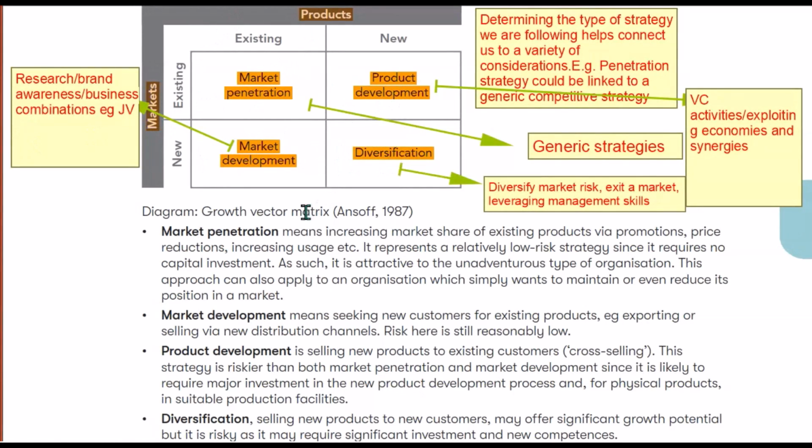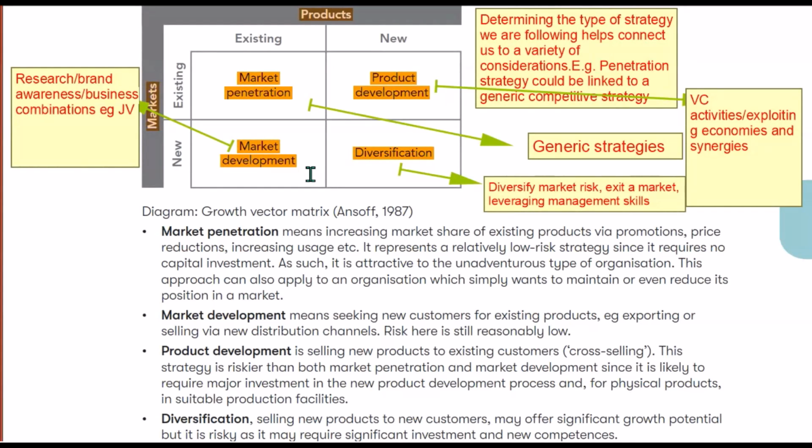It identifies the kind of strategy we're thinking of following, and overall, of course, we are guided by how this will help us to achieve our corporate objectives in a sustainable way, and what our stakeholders will think about it. So, for example, will our stakeholders who are very risk averse not like our market development idea?